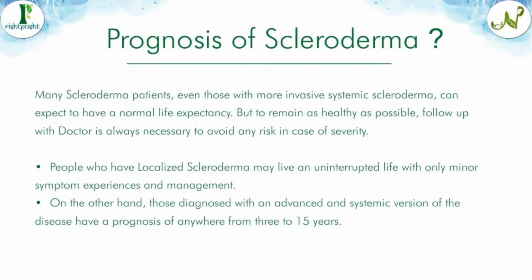Now, talking about the prognosis, what exactly is the prognosis of Scleroderma in allopathy? There is only symptomatic treatment that is given in allopathy in patients of Scleroderma. That is why it is more of management rather than treatment. Those diagnosed with the advanced and systemic version of the disease have a prognosis of anywhere from 3 to 15 years.